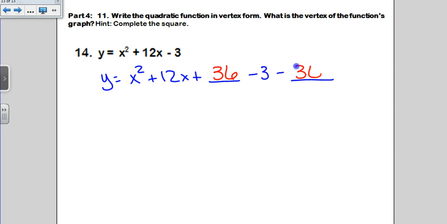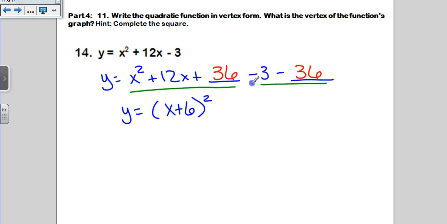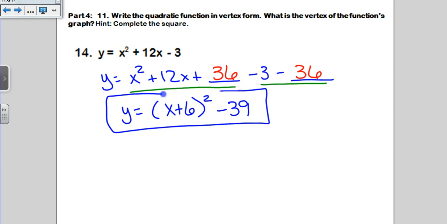So when I group my first group together, and then the last group, I get y equals x plus 6 squared, and then negative 3 minus 36 is a minus 39. So there's our vertex form, and the last part of the question says the vertex is at (negative 6, negative 39). Nice job. That concludes the lesson on 5.5, completing the square.